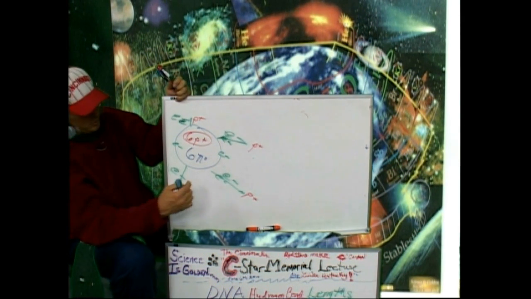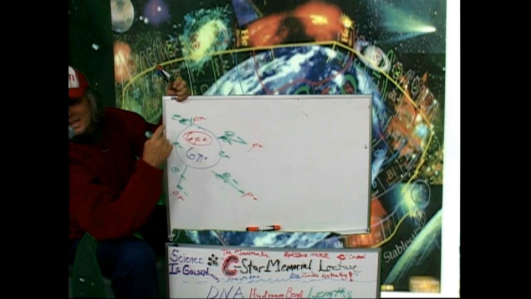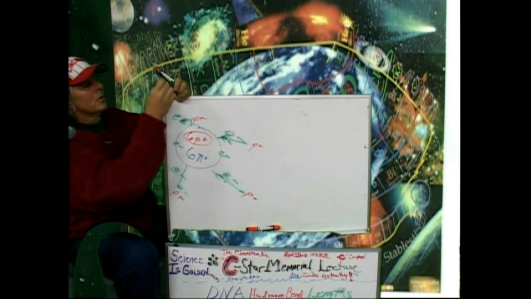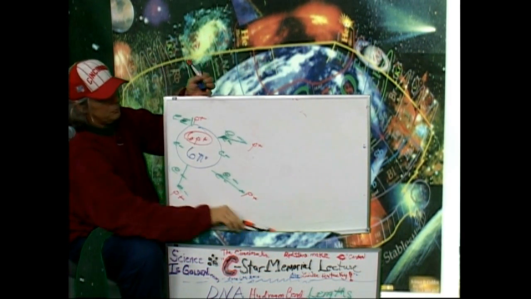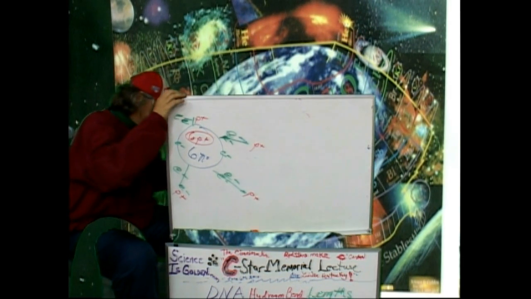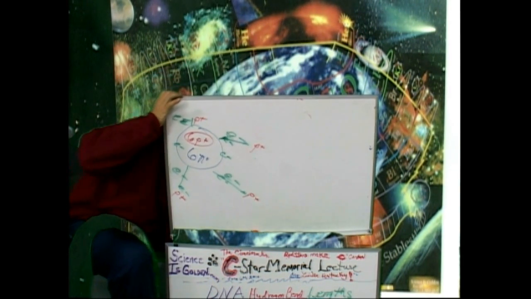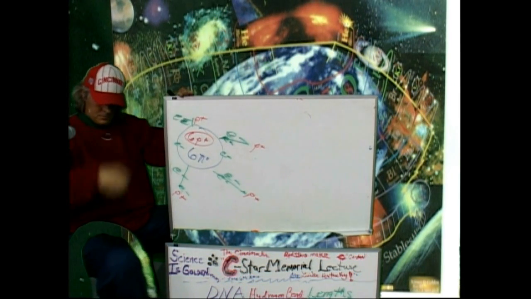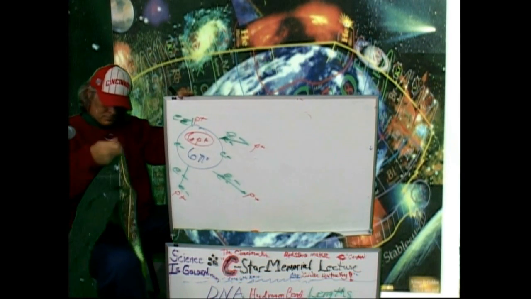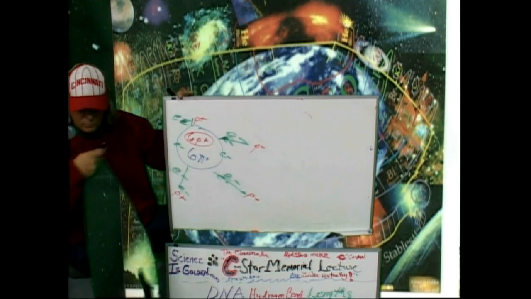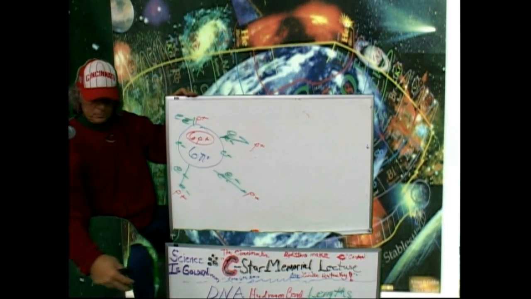So see, now you've got 2, 4, 6, 8 in that outer shell. So what this makes is carbon, 4 H's, CH4.